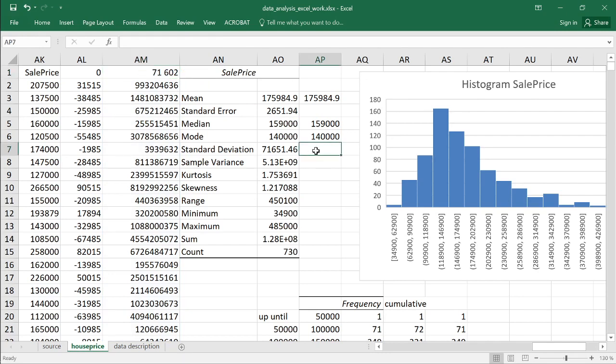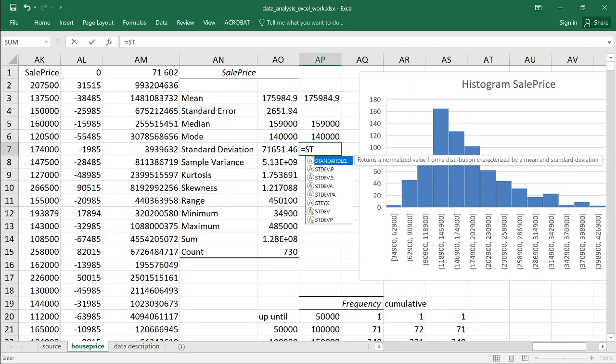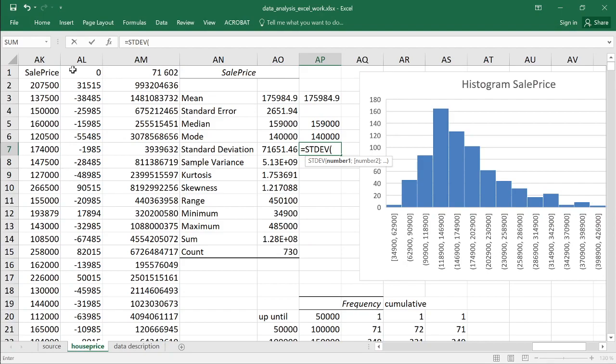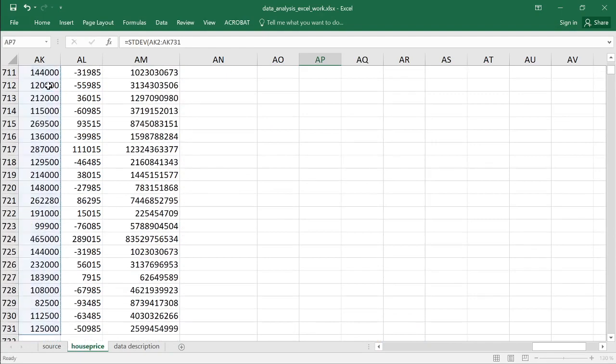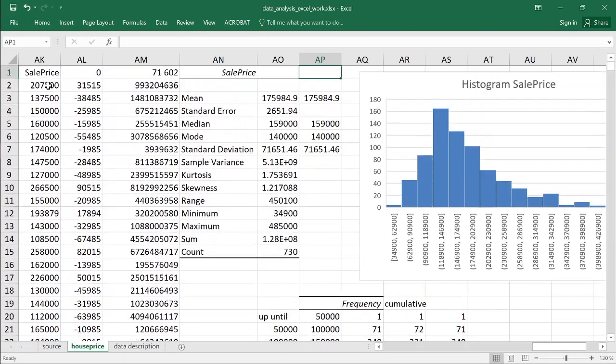The standard deviation can be directly computed with the function standard deviation, referring to the data range. As you can see, there's a slight difference between the result of taking the square root of the average of squared deviations from the mean and the standard deviation function.